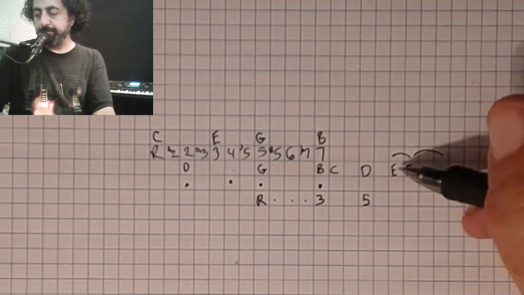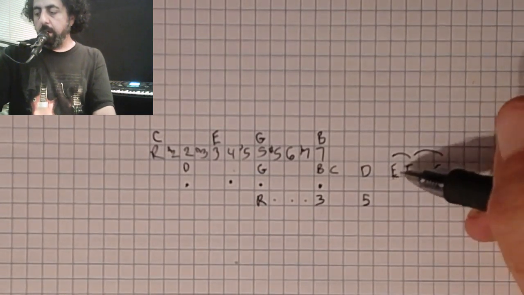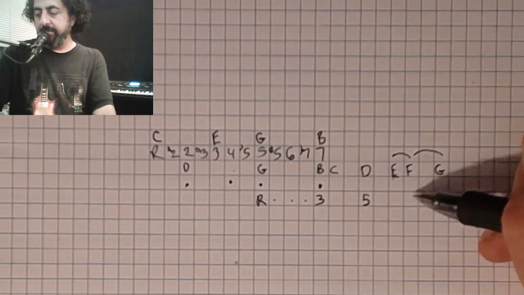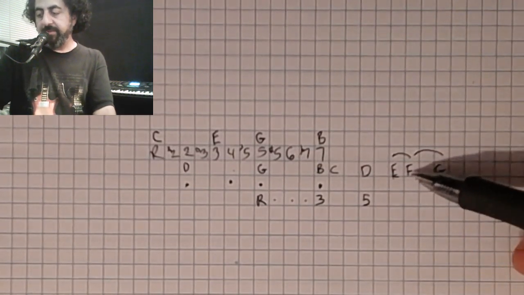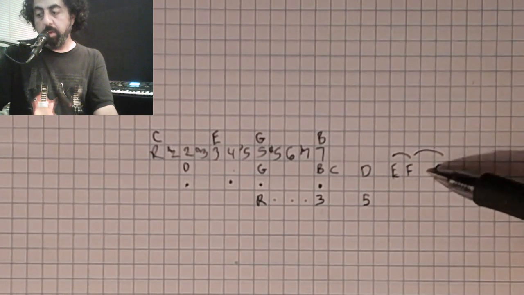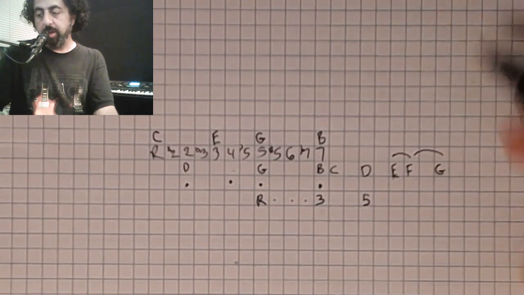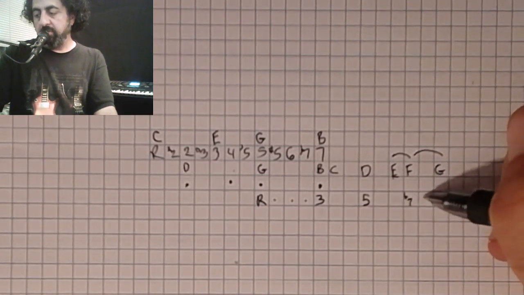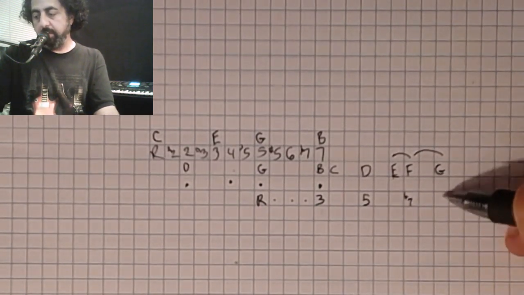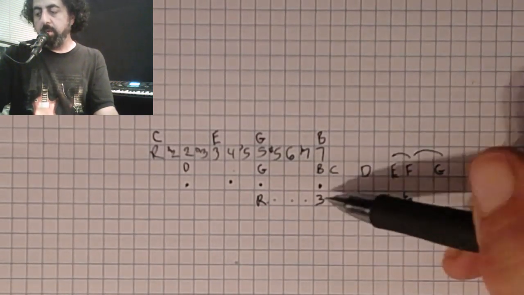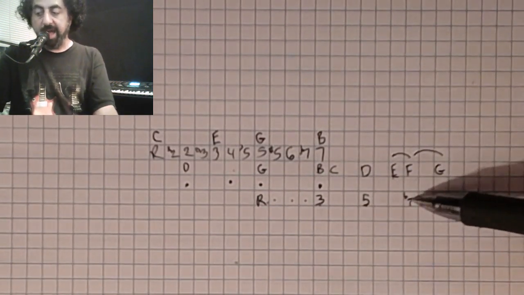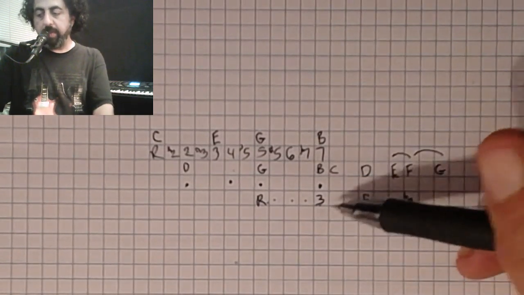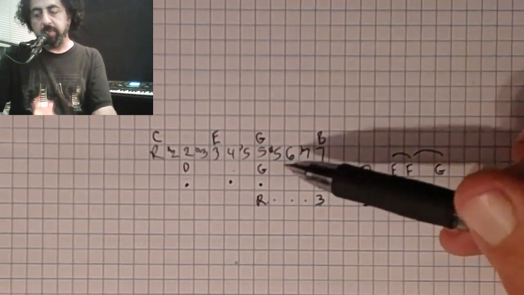But we skip the E and we go to the F, and notice that the F is a skip a note behind the G. So that is a flatted seventh. This would be a 7, and then that would be the root. So we have root, 3, 5 major with a flatted seventh. And that's the only major chord that does this of the 3 major chords.